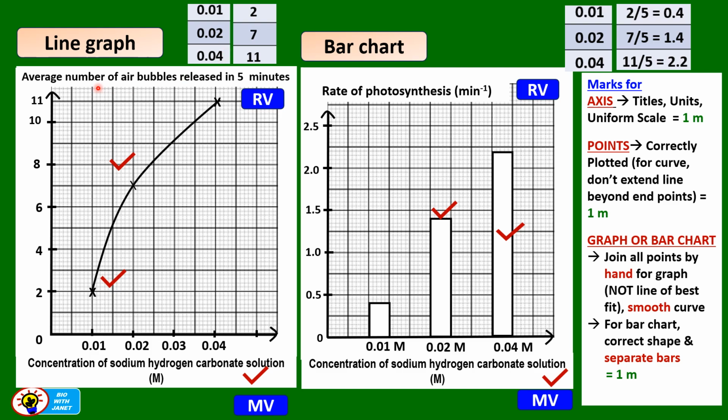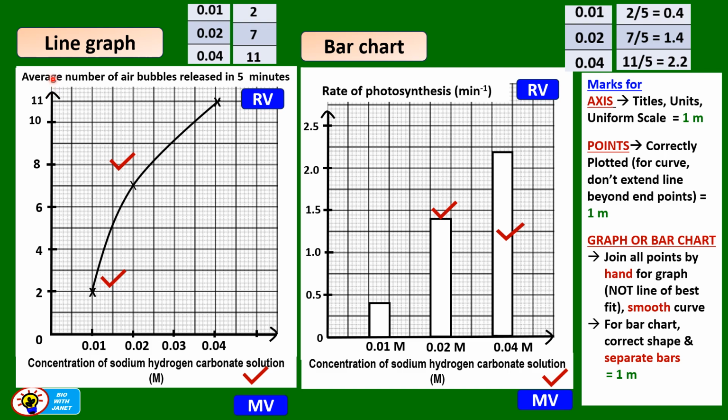If they ask you to plot a graph of the average number of air bubbles released in 5 minutes against the concentration of sodium hydrogen carbonate solution, then the average number of air bubbles, that one is at the top, the vertical axis, and the concentration, that one is the horizontal axis. So the MV is on the horizontal axis and the RV is on the vertical axis.